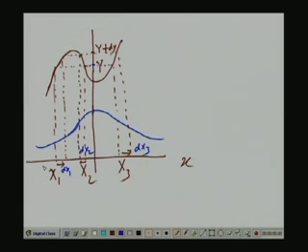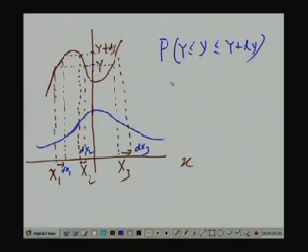Okay. So, what is the probability of y remaining between capital Y and y plus dy? That is the same as the probability of x remaining between capital X1, let me write it this way, probability of y. This will be what?